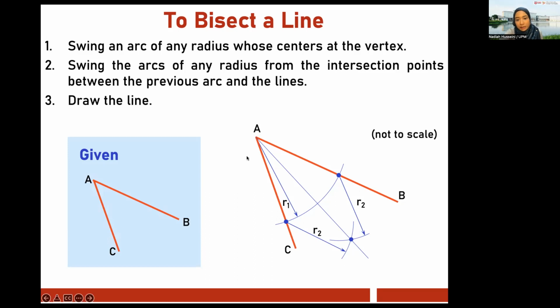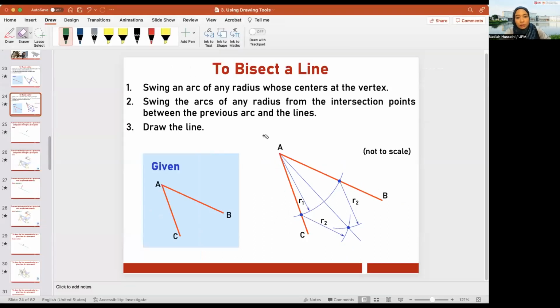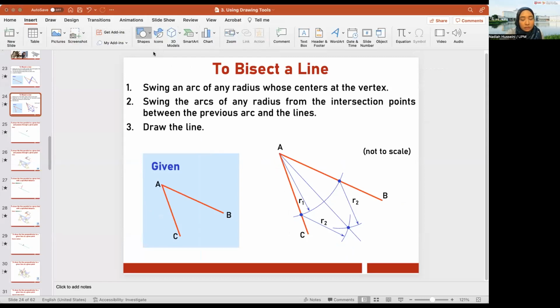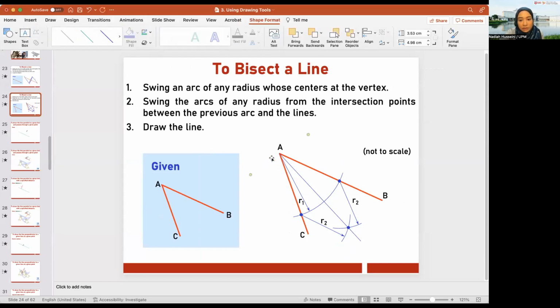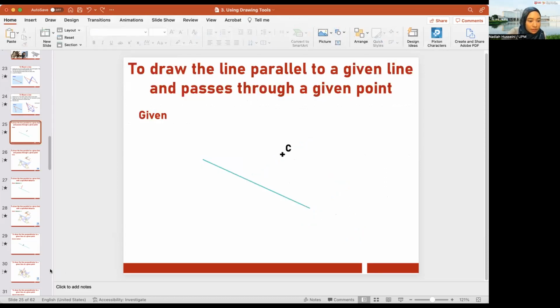But perbezaan yang ni dengan tadi tu is now this is a straight line. Macam ni. Oh, dia warna putih, betul. So this is a straight line. And you want your straight line, you have a point over here, you want to pass it through. Okay, macam tu lah. So arc and then another arc intersect, that's your midpoint. Okay, Control Z, Control Z. Let's go back to the slide again.